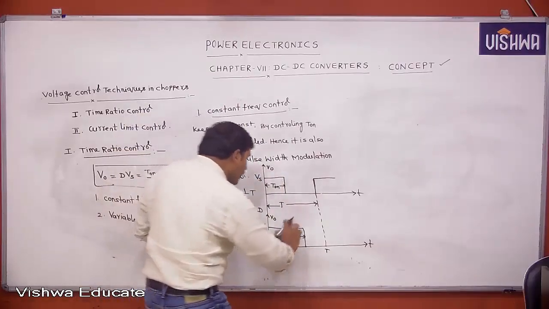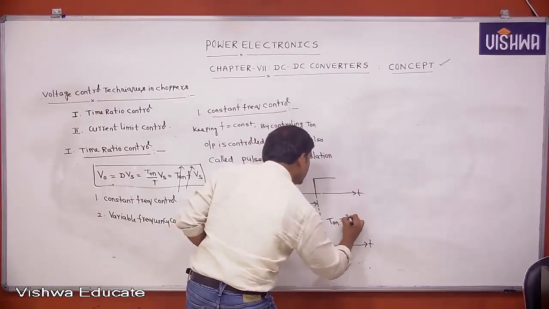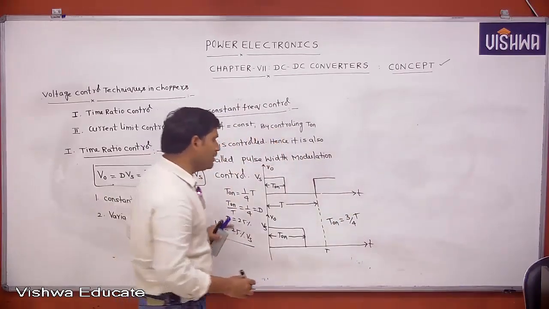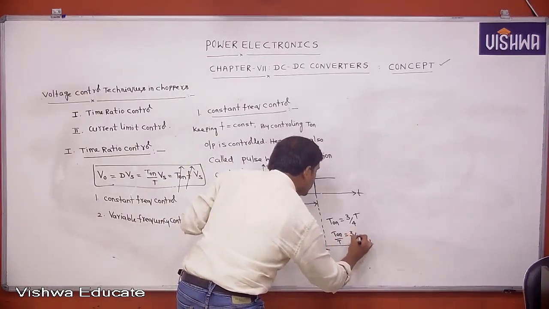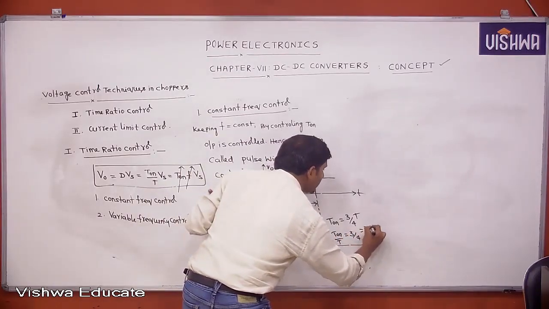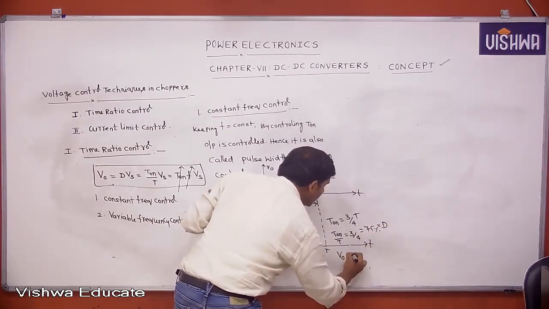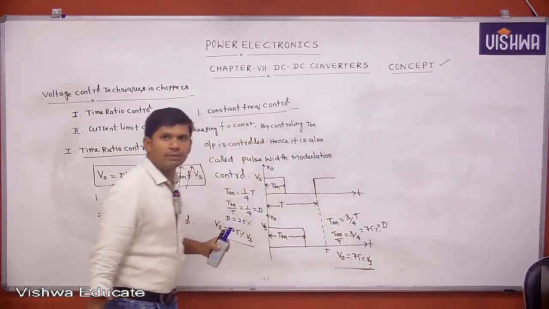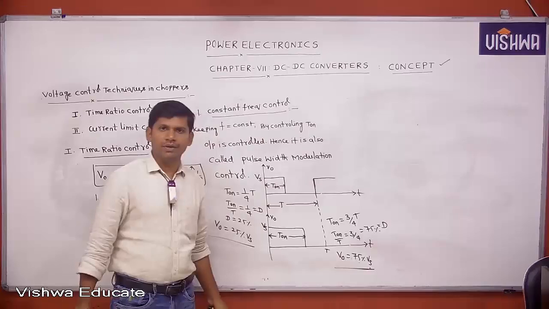According to this example, T on equals 3 by 4 of T. Then T on by T equals 3 by 4, which is 75%. T on by T is D. Then V naught equals 75% of Vs. Like this we are controlling. In the first case 25% of Vs, here 75% of Vs.